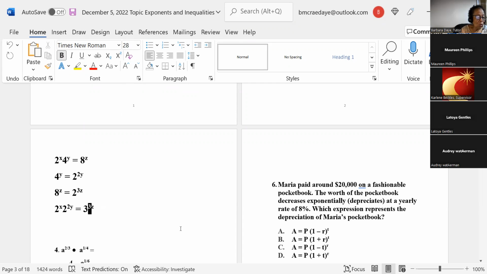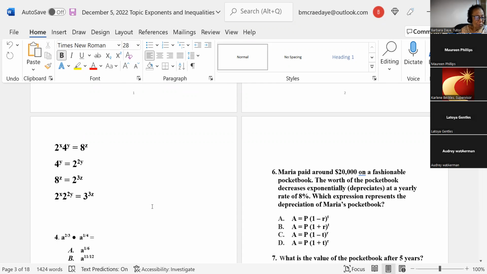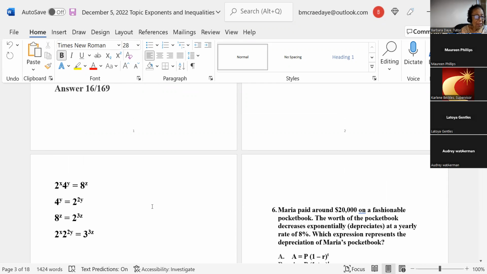Now, what's the rule for exponents when you multiply? You add the powers, the exponents, right?